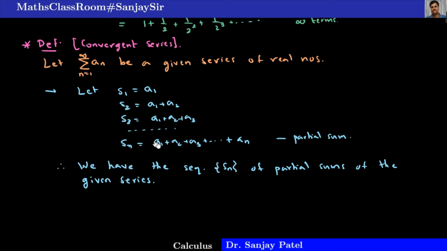So mathematically, we define it this way: if the limit as n tends to infinity of S_n is equal to S exists, then the series sigma a_n, n equal to 1 to infinity, is said to be a convergent series.